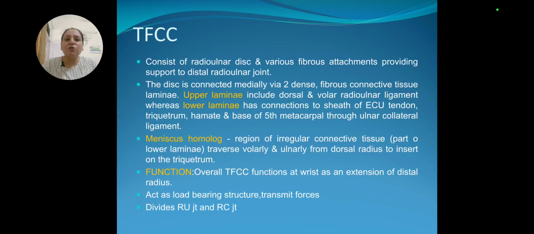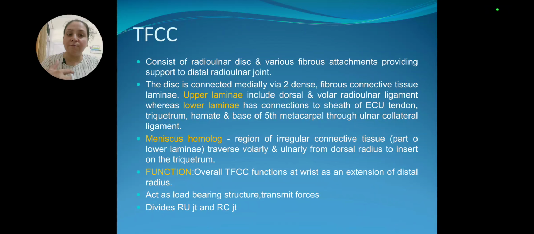Now the overall function of this TFCC is that it helps in wrist extension movement, as well as extension of the distal radius, and it helps to dissipate the forces from the shoulder, elbow, and hand. So it is a load bearing structure, and a separator between the distal radio-ulnar joint and the radiocarpal joint.